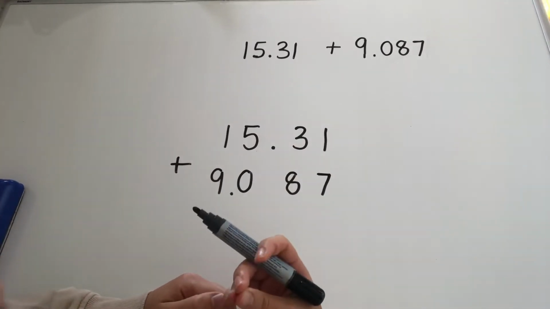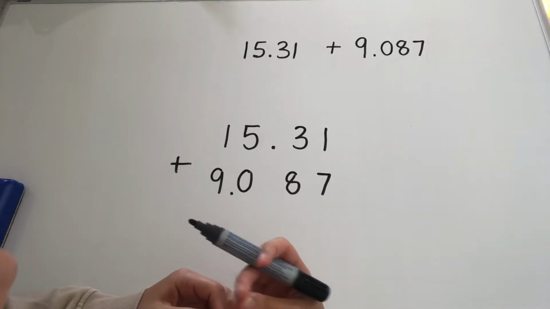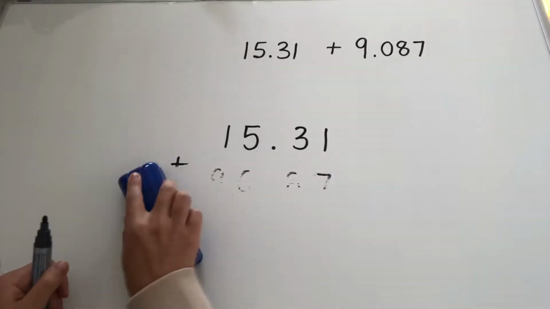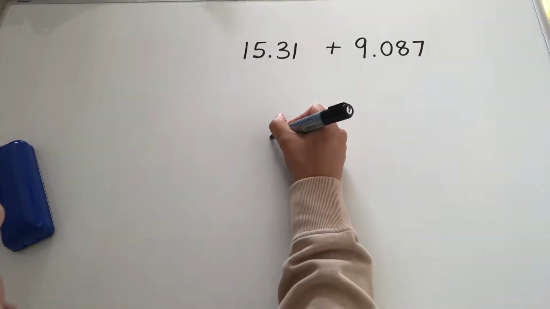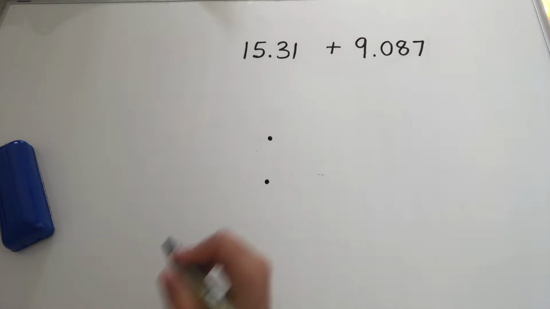So what we need to do when we're using vertical addition to add decimals, we need to line the decimal points up. So let's fix this for this equation. What you might like to do is even firstly draw your 2 decimal points, then write your numbers up from there.